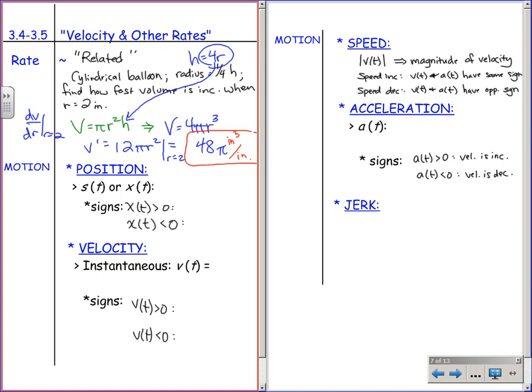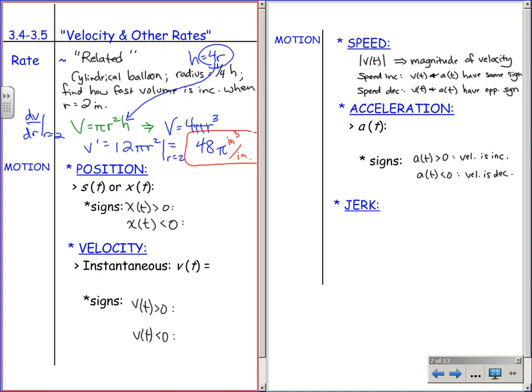I was just thinking the meaning. Because the rate is how fast volume is changing with respect to radius. So the cubic measurement of volume is going to increase 48 pi per inch of radius that's added. In some ways our meaning totally disappears if we just go simplifying the inches cubed over inches.